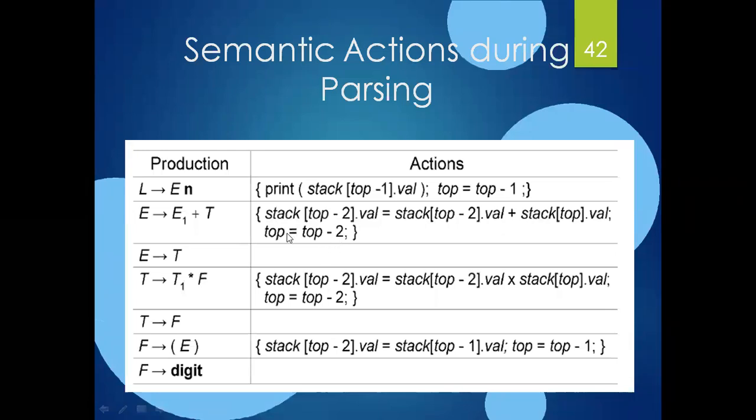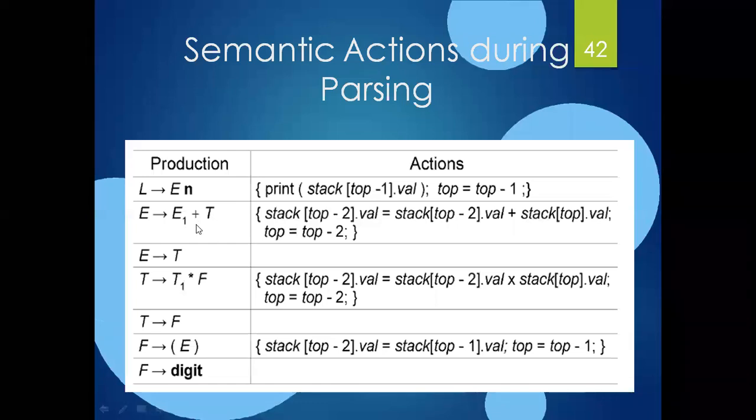What it means is stack of top minus 2 dot val is equal to that. Here I'm having the node E, and here also I'm having the node E, so this is equal to this one. That is, in my stack, the top minus 2 position is having the node E. Top minus 2 position is for the E, plus is for top minus 1, and T is for the top. And my top of the stack is T now.